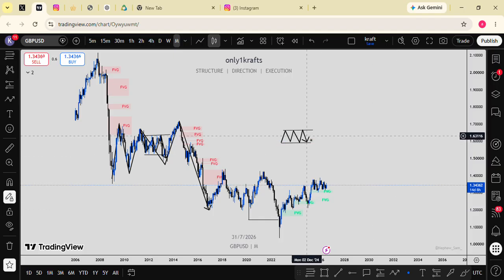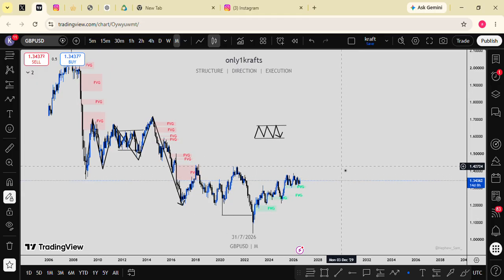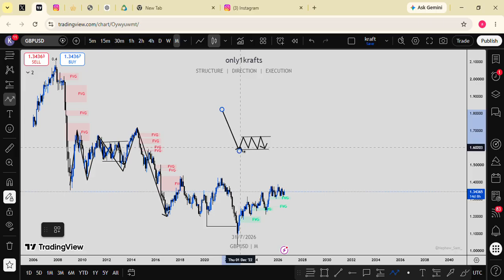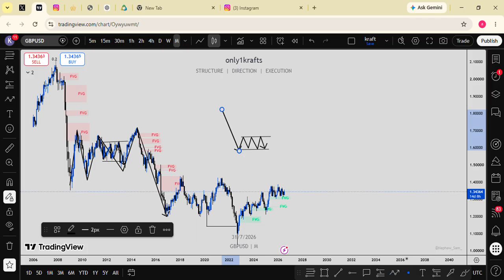So what will price most likely do? In most scenarios, if we are previously in a bearish structure, that means if we are previously selling like this and then we ranged like this, it is expected that price will most likely do what?